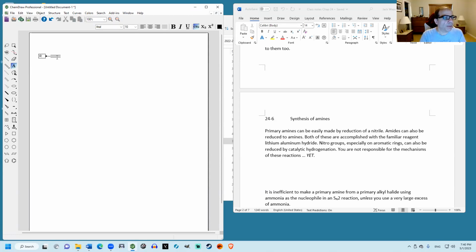So we said, for example, that you can take a nitrile, treat it with lithium aluminum hydride in diethyl ether solvent, followed by an aqueous or aqueous acid workup.